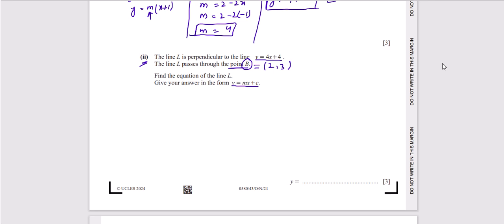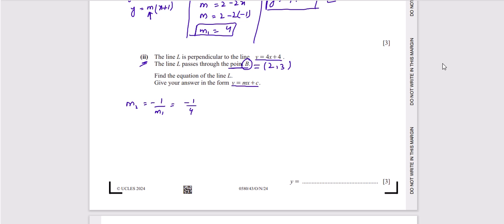So this is a perpendicular line. The slope of the line should be negative, minus 1 over m1. Which one is m1? So that is equal to minus 1 by 4.